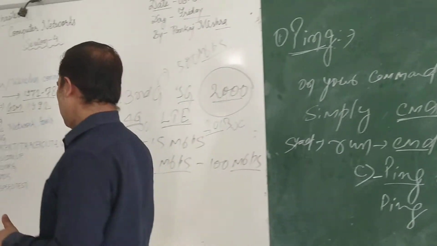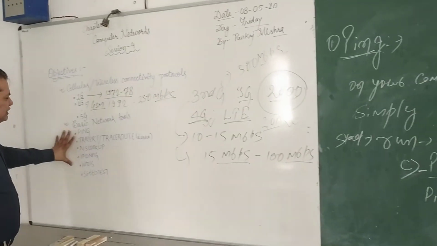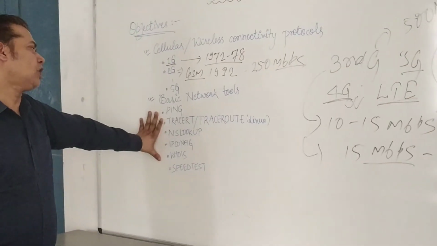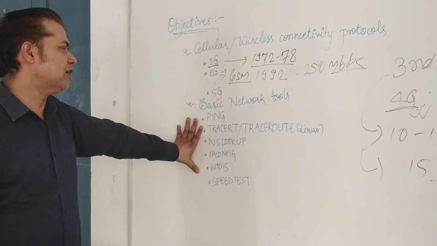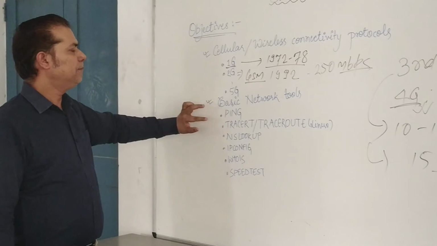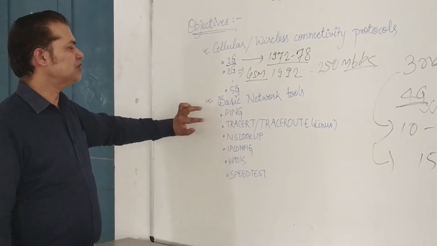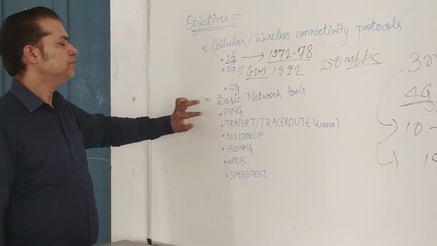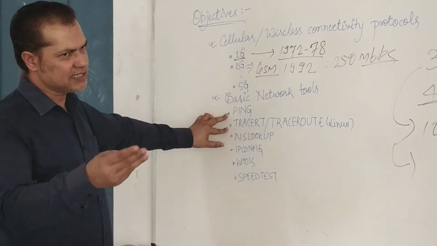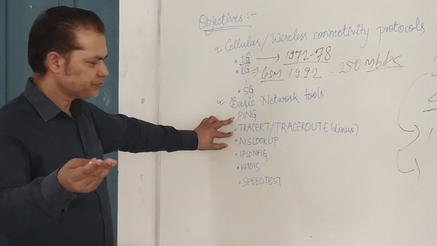Just see, we talked about the different tools which help us to know different things on a particular network. Ping command, as I mentioned, will let you know the pinging, means whether you are able to connect or how much time it takes to connect between your computer and the server. Tracert means finding the route.